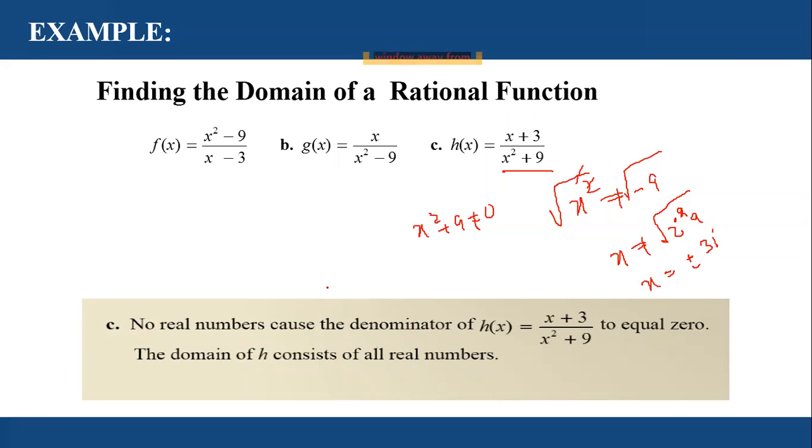So two roots are possible: x is equal to plus 3 iota and minus 3 iota, but these are not real values. These are imaginary values. So in the domain, all real values from minus till plus infinity are possible.